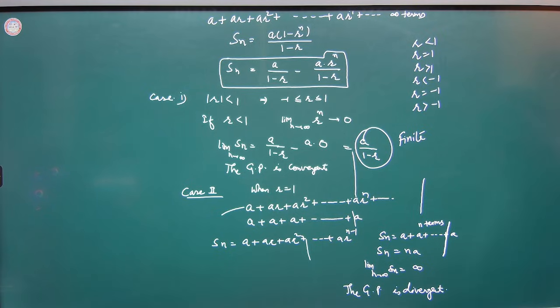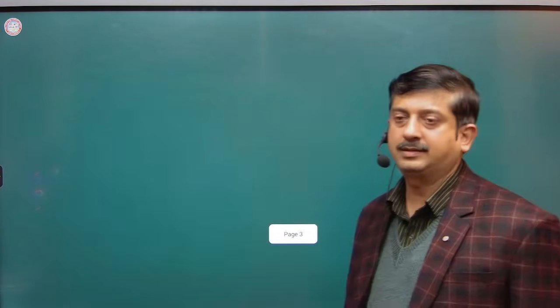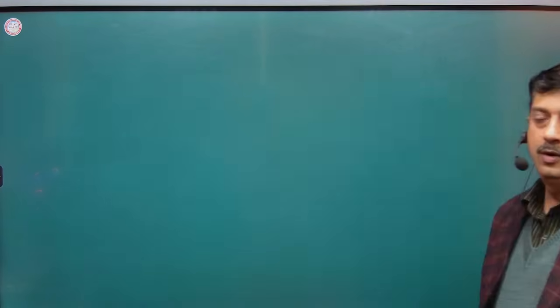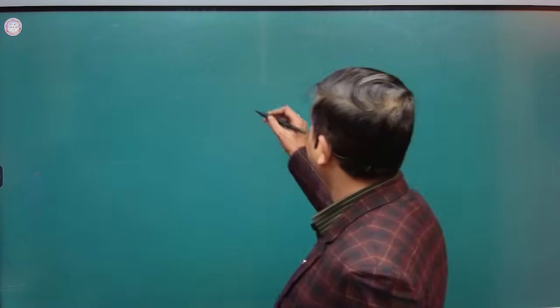This is my page number 3. So I am discussing here two cases: when r is less than 1, and when r equals 1. Another case is when r is greater than 1. Take r greater than 1.